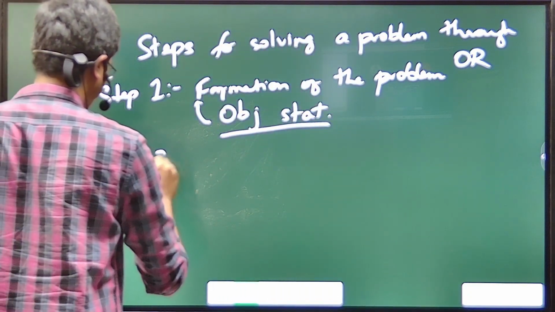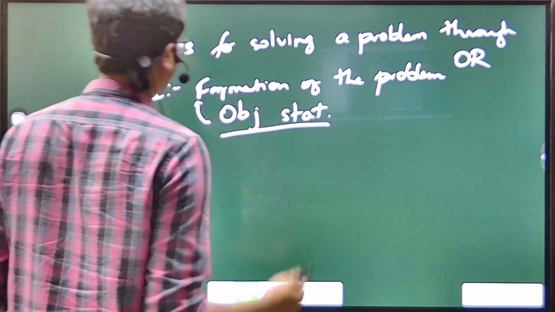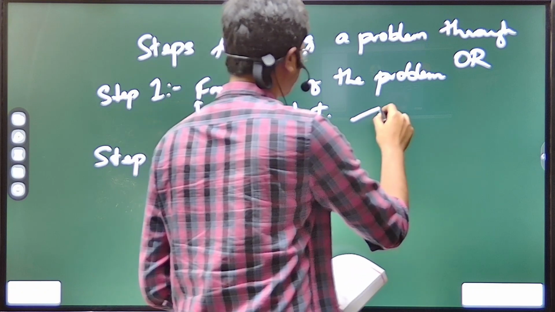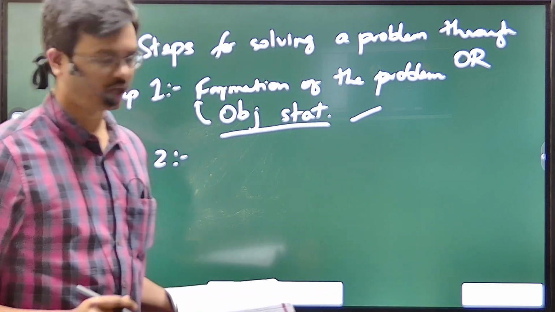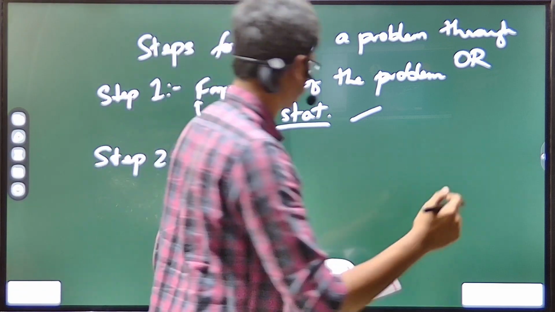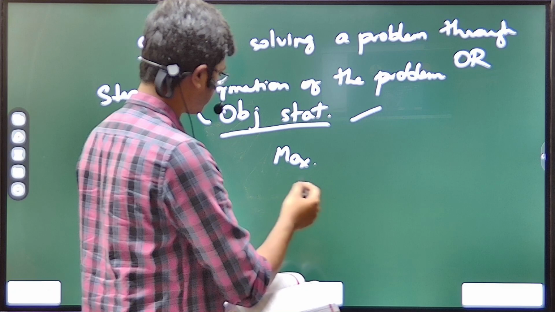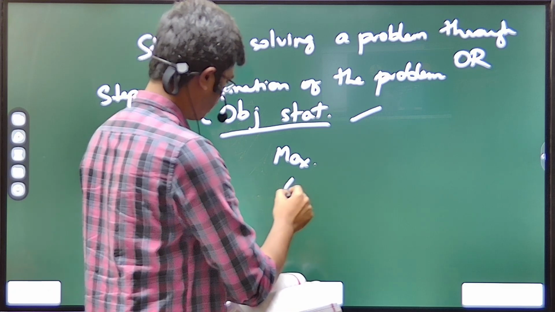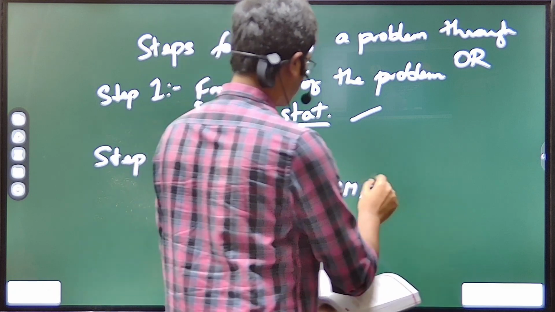Step 2 will be making a model. While formulating the problem, you have to take into account all the variables. Suppose he says maximize profit, and he gives you the details of labor cost, raw material cost, overhead cost.